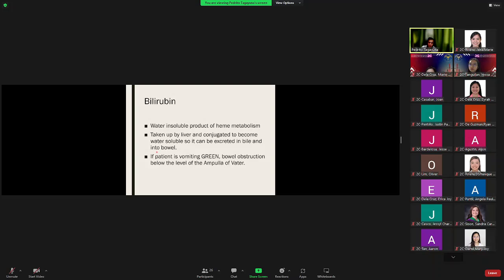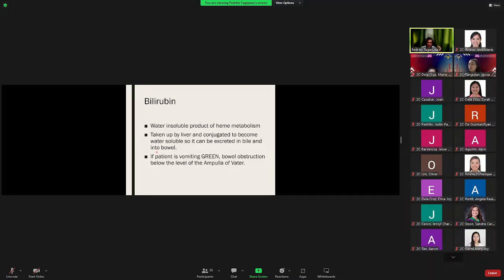Indirect bilirubin is water insoluble, so it cannot go into the liver by itself. It can go into the liver by binding to albumin and then conjugation by removing the glucuronic acid attached to it.